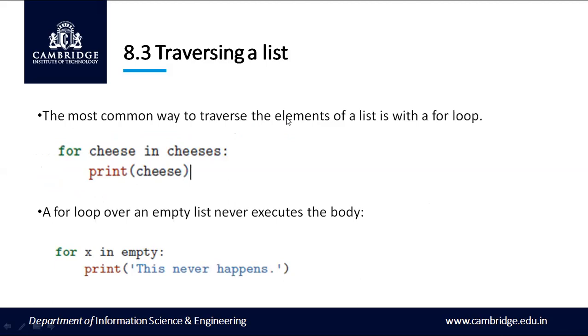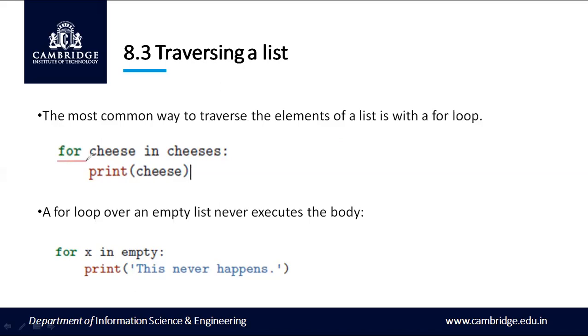The next concept today we'll be learning about is traversing a list. We have also learned traversing in strings. Here also it is the same way: we are going to use the looping concept to traverse each and every item in a list. The most common way to traverse the elements of a list is with a for loop. Here an example is demonstrated.